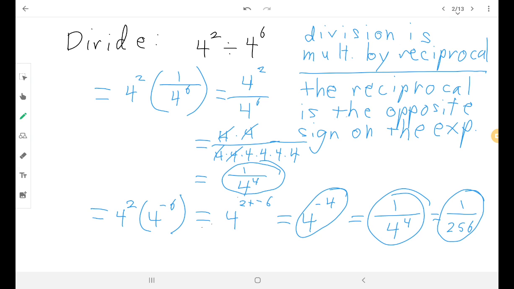But as long as that's the correct number, all of those are acceptable versions of the correct answer to this division problem. I'll pause for a moment to let you look at that, see if you've got questions. Okay.